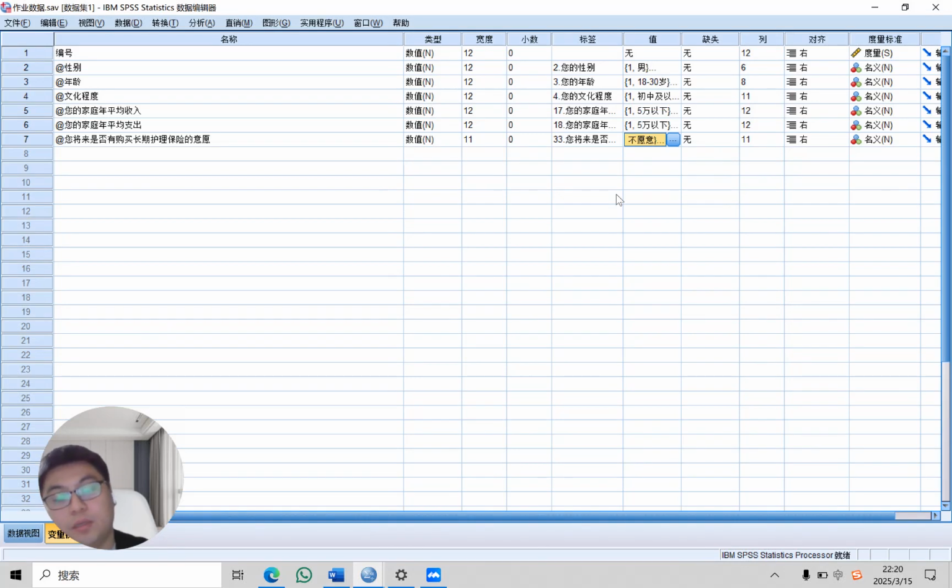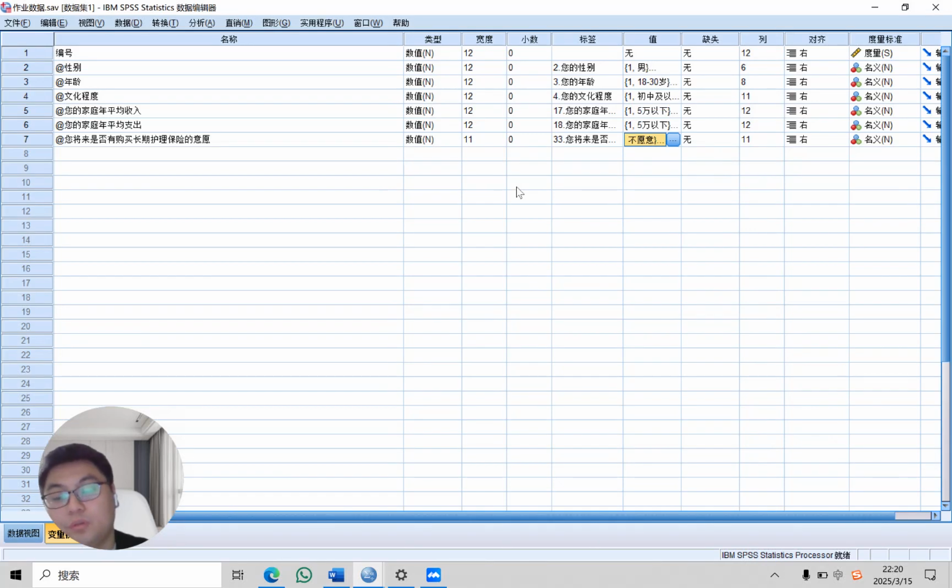Compared to equidistant variables, proportional variables have an absolute zero point, which means that 0 represents none of that particular item, for example income, where 0 represents no income.